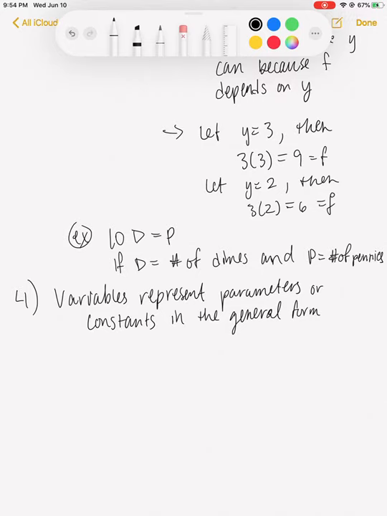What we have for an example here is the standard form for a parabola.